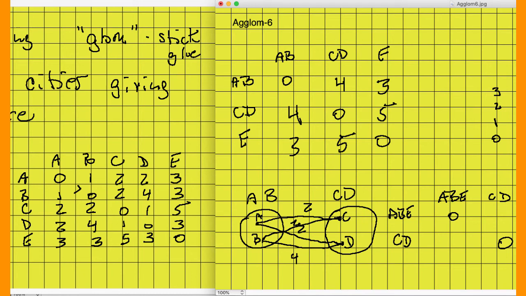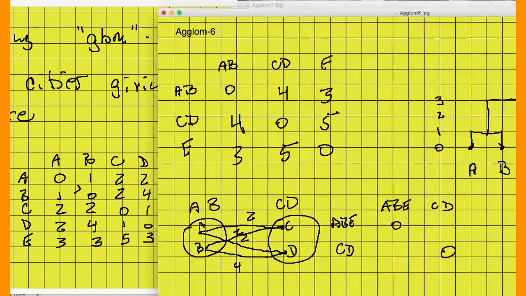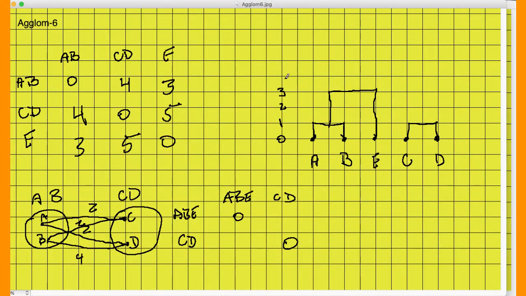You could go ABE to CD, or AB and E to CD. Well, the biggest number I see is a 5. So that means I'm going to go 4, 5, and I would draw this. So remember, this is with complete linkage.